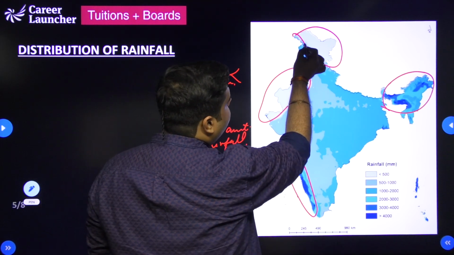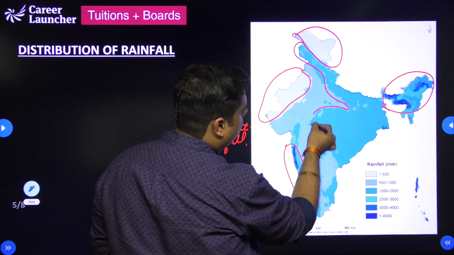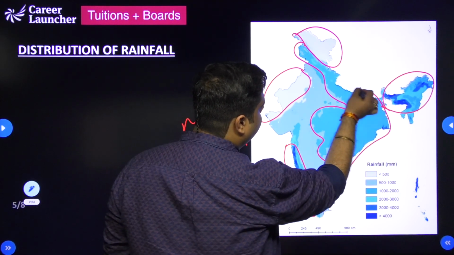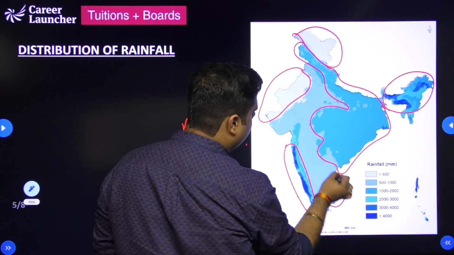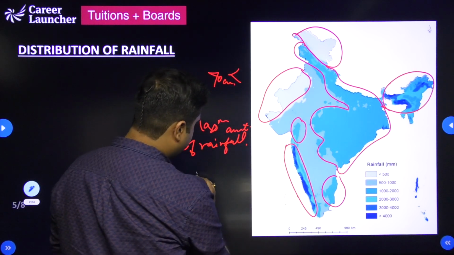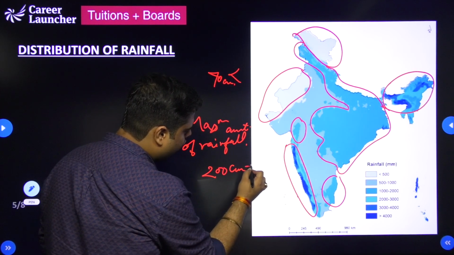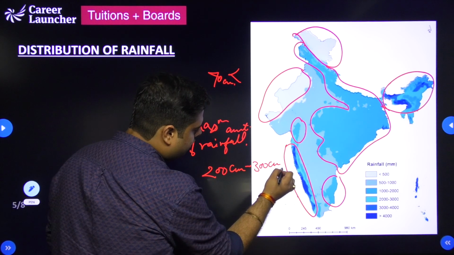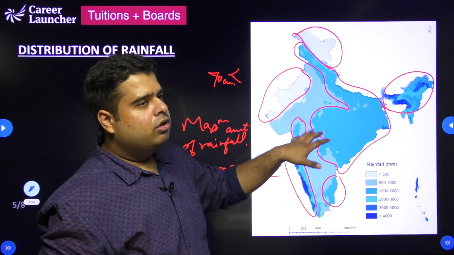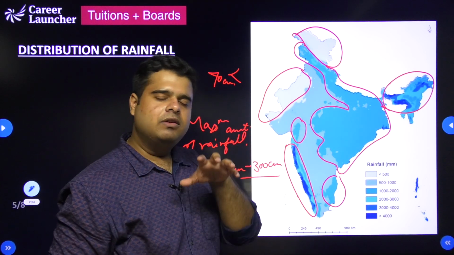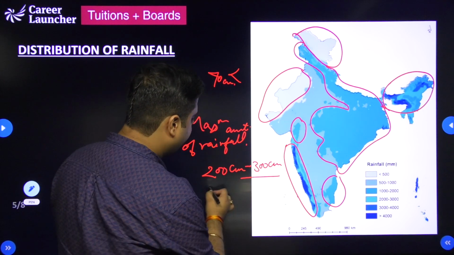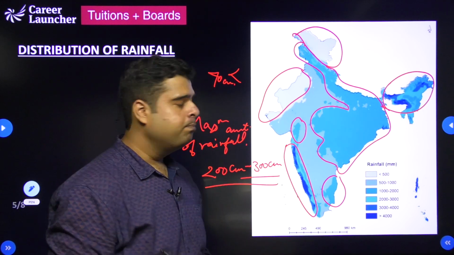The majority of India, which is colored in this shade of blue, receives rainfall in the range of somewhere around 200 to 300 centimeters. So we can say that the average value of rainfall received by India is somewhere between 200 to 300 centimeters in a year.